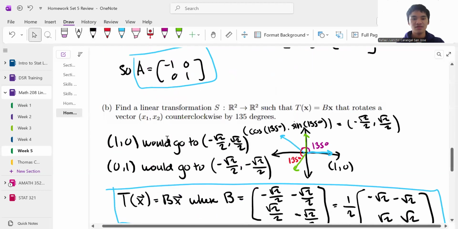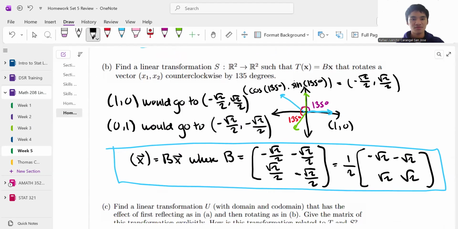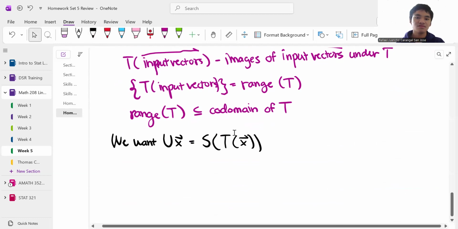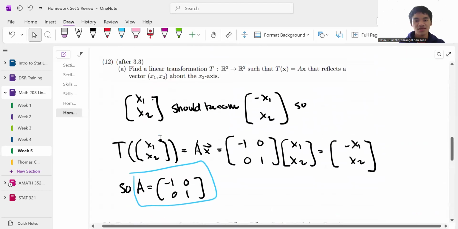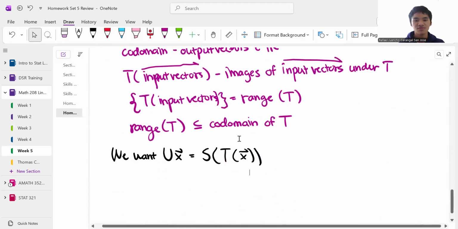It's this one, which is S, my bad. I wrote T, because it says T, which is weird. So here we want S of T of X, right? Reason being, we want to reflect first, so we use that T transformation to do so. And then we use this S transformation to rotate it.